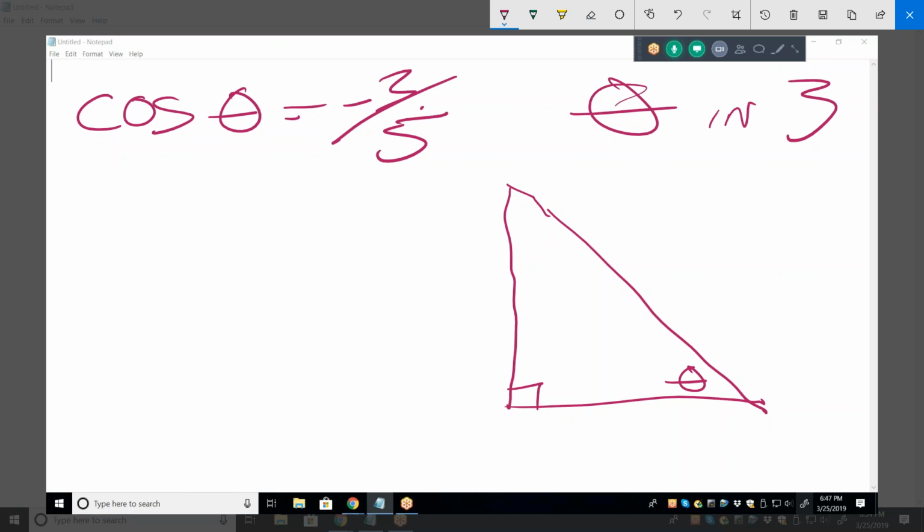Now dimension as much of that triangle as you can. So it would be 3 and 5. Now dimension the rest of it. You will always be able to dimension the third side. 4. Now let's go through all of them.